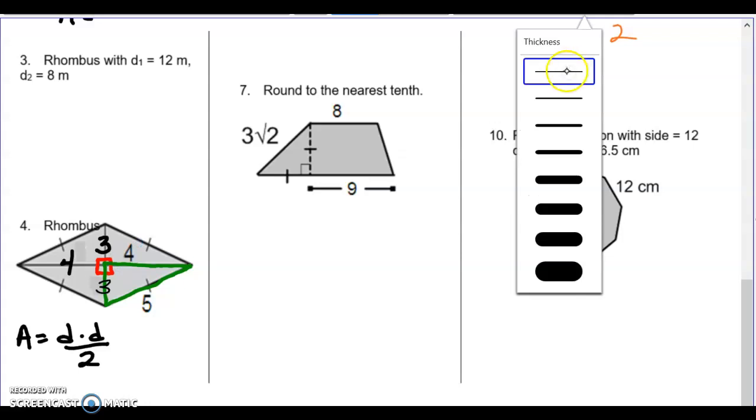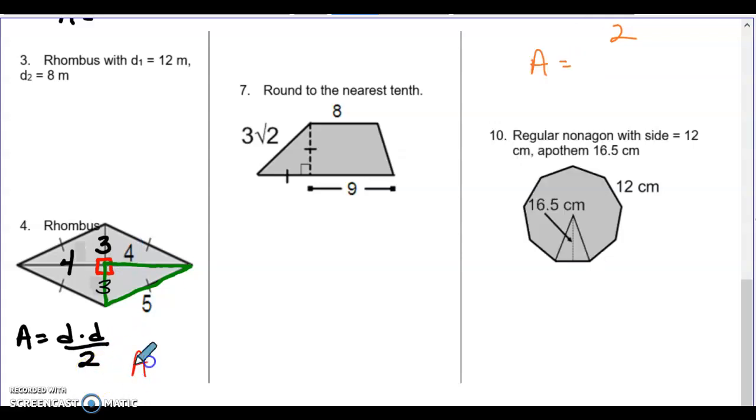So we've got area equals 8 times 6. The 4 and the 4 would make the 8. The 3 and the 3 would make the 6. So 8 times 6 divided by 2, so that one would be 24. 24 units squared.